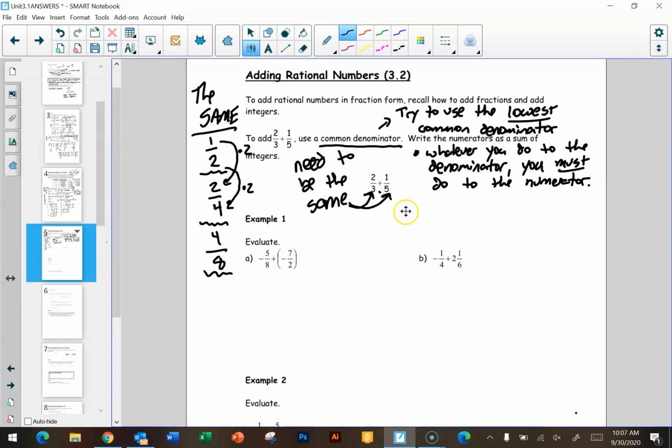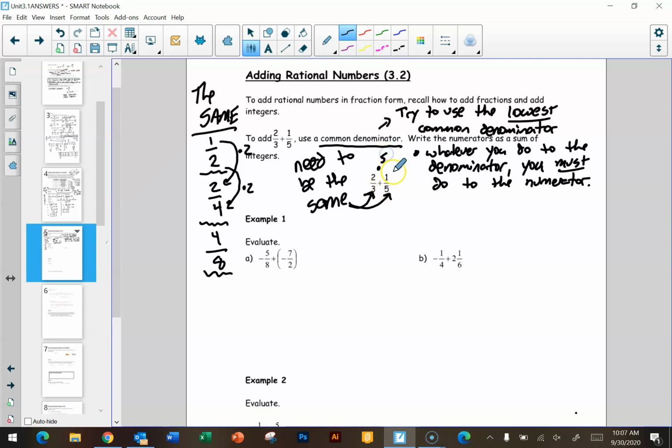So let's look at this down here. Actually, sorry, there's one more step here. You can multiply these two together, but what that really means for the numerator is you multiply this number by that number.